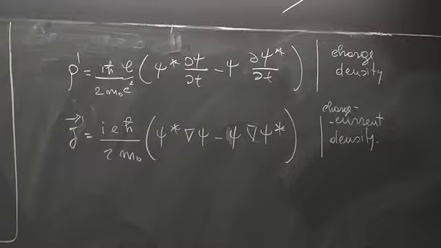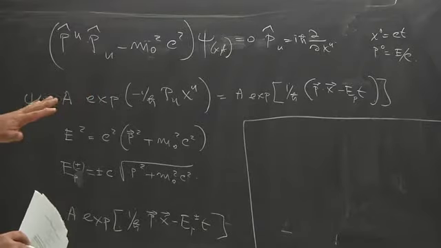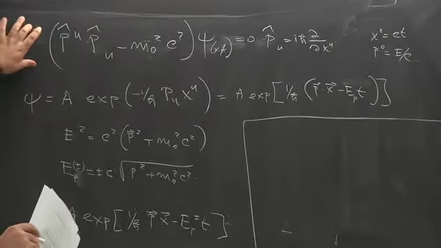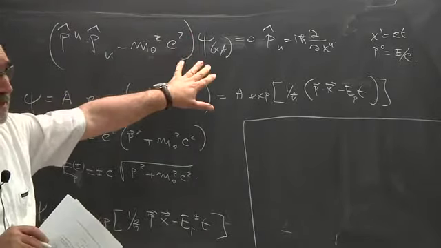And you know, usually the charge is interpreted as a probability amplitude. It was good in non-relativistic mechanics, but here we already have trouble. So it's much better to interpret the psi of the Klein-Gordon as a field.